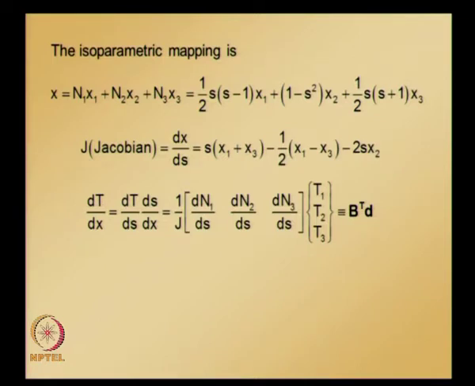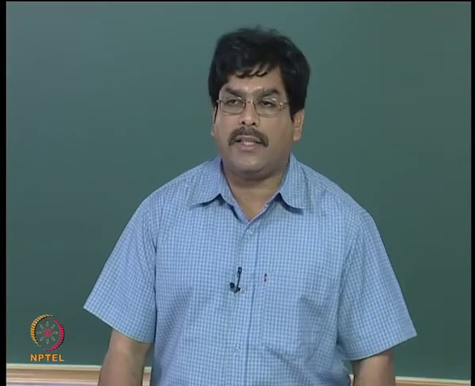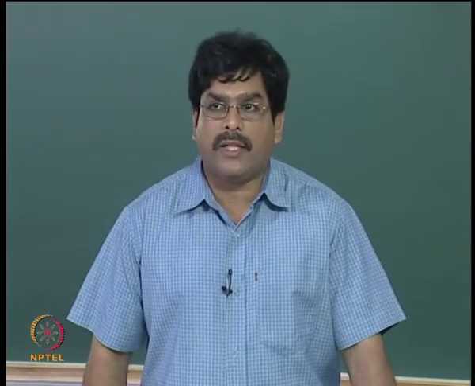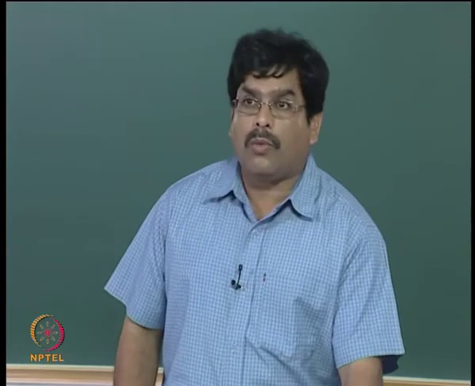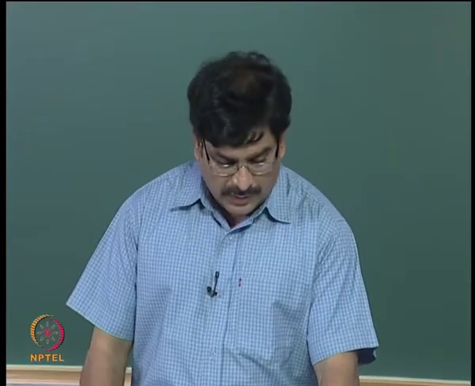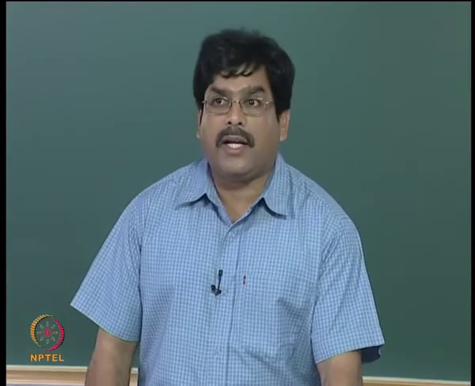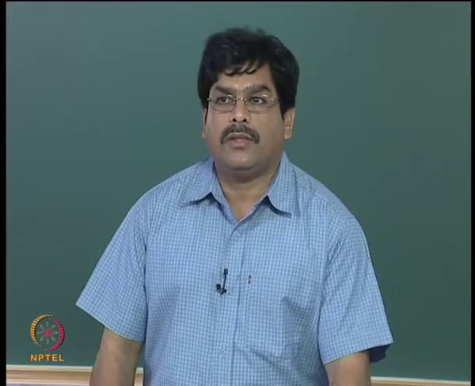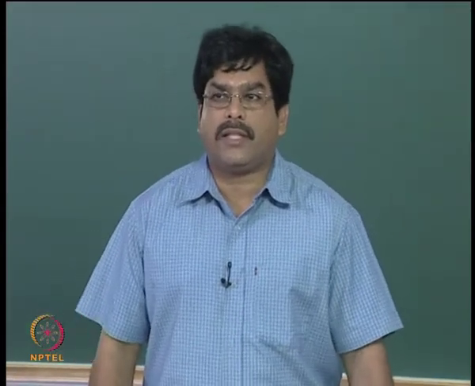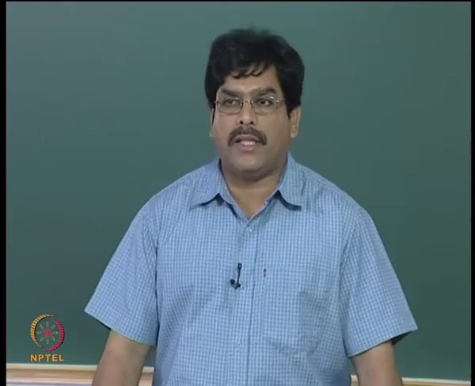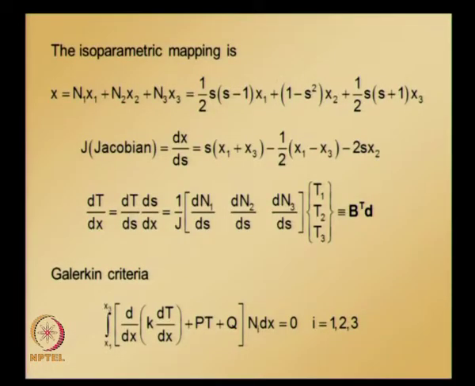So now we can use the Galerkin criteria to derive the element equations, similar to what we have done in the earlier cases. Given a differential equation, we need to multiply it with the weight function, integrate over the problem domain and equate it to 0. Here, when we are adopting finite element, the weight function is the same as the shape function.